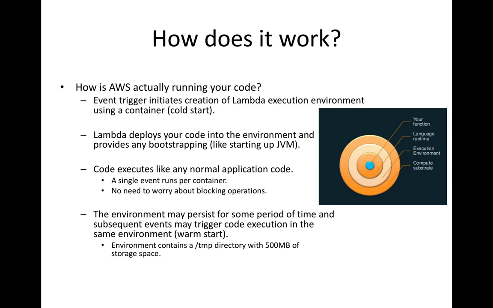But what's interesting is that the underlying container that was running that Lambda function may persist for some period of time. And if you invoke the Lambda function again, it's possible that it might trigger an execution in the same environment as a previous Lambda function.